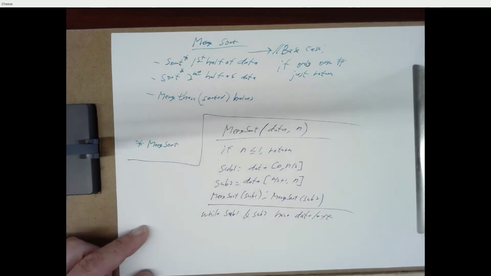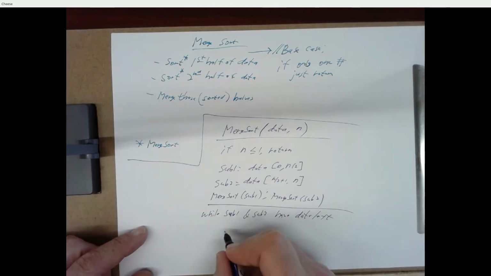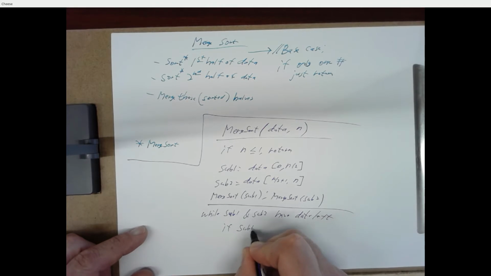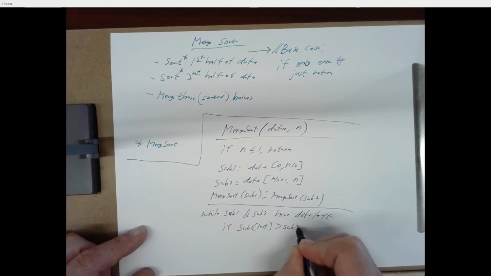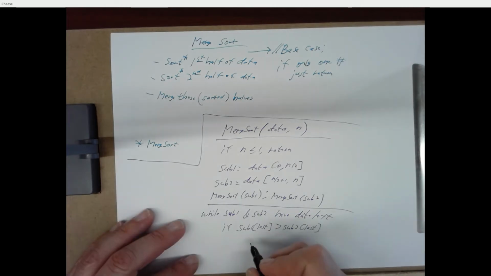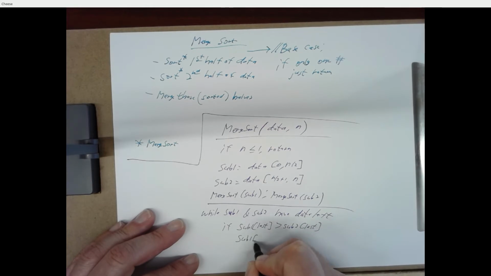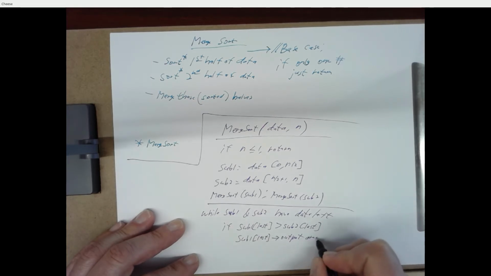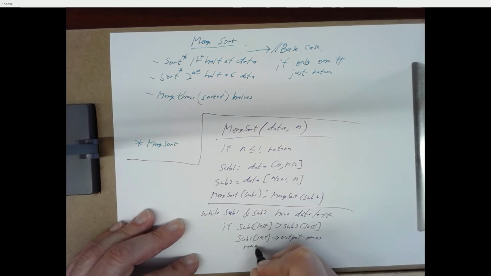So while sub 1 and sub 2 have data left, and this is heavy pseudocode now, if whatever the last element in sub 1 is bigger than whatever the last element in sub 2 is, then sub 1 last goes into your output array and remove the last element from sub 1.